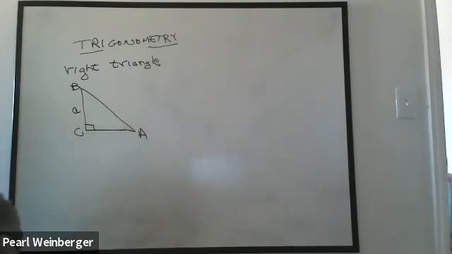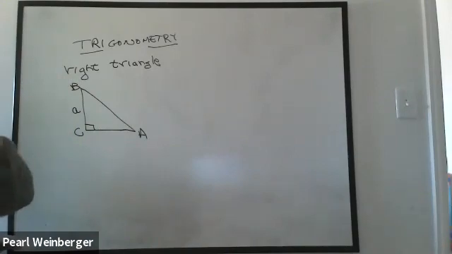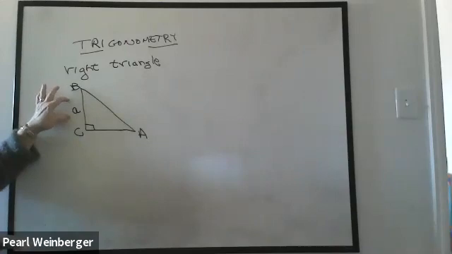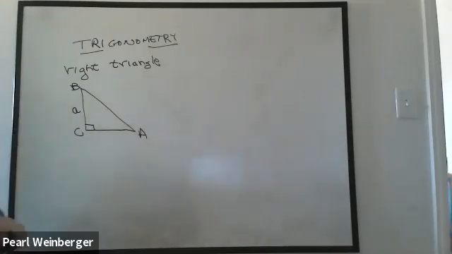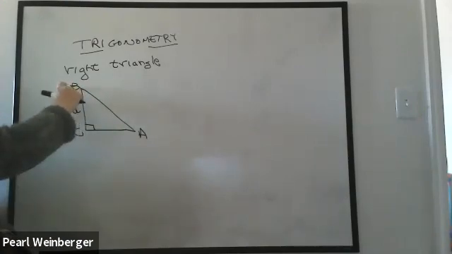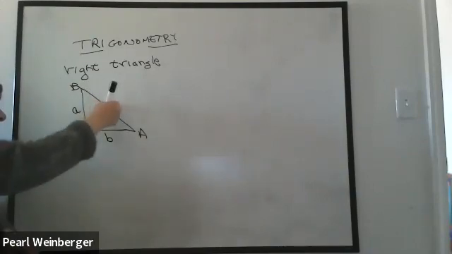So we use the same letters that we used in talking about the angles, except the capitals are the angles, the lowercase letters are the sides. In this case, since this side is opposite angle B, this would be lowercase b, and this is lowercase c.